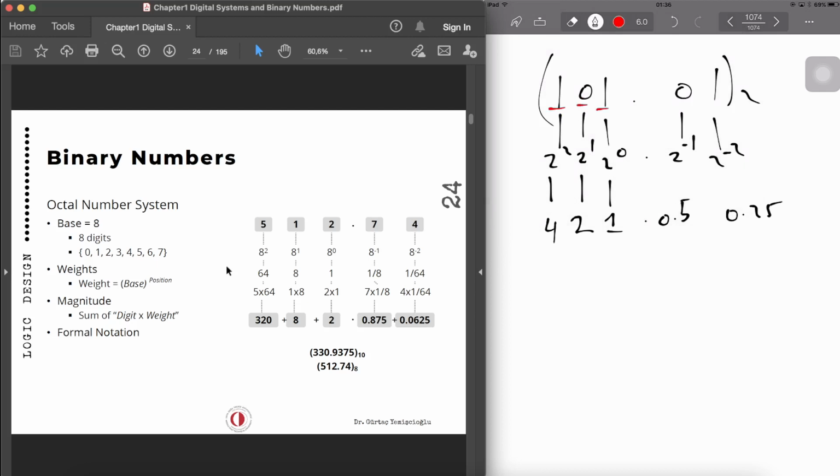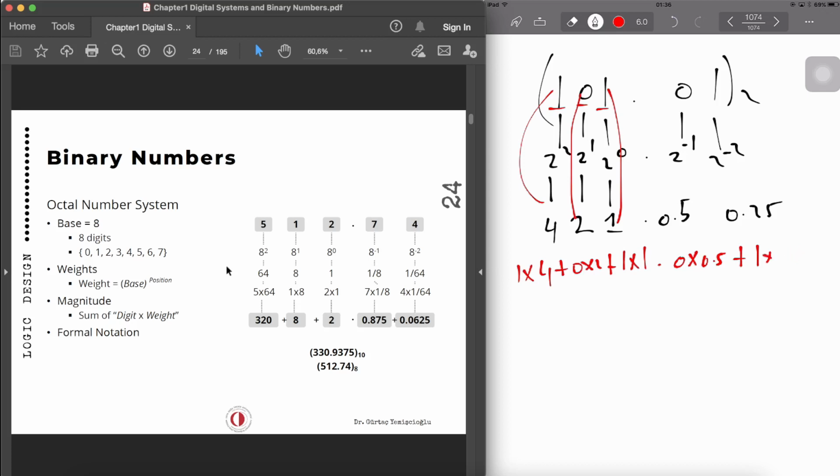1, 0, 1. That means 1 times 4 plus 0 times 2 plus 1 times 1, because they have to be multiplied with the weights. Then the dot, 0 times 0.5 plus 1 times 0.25.